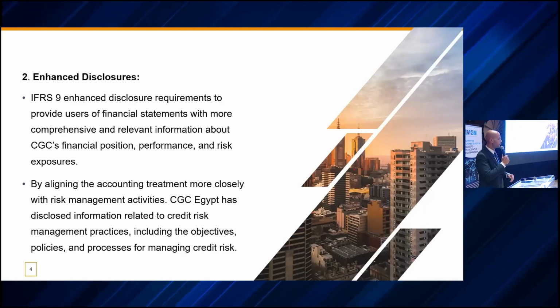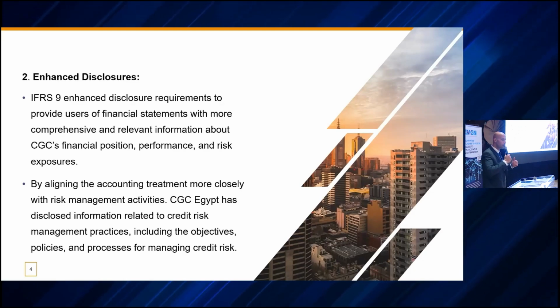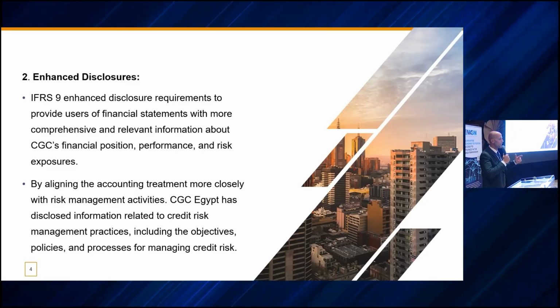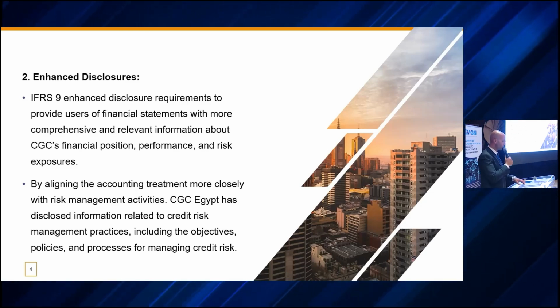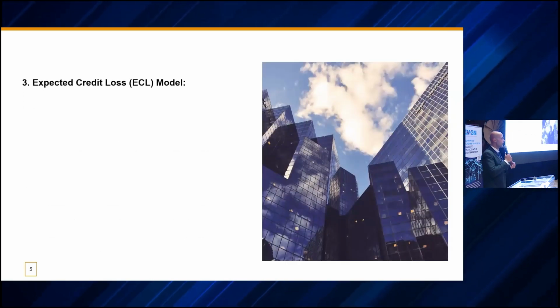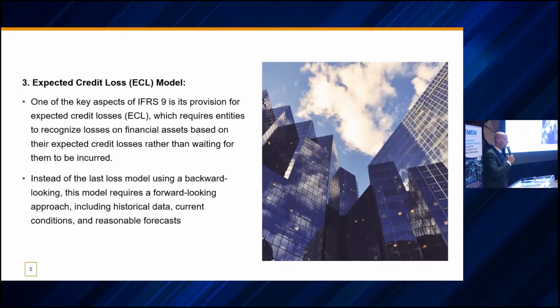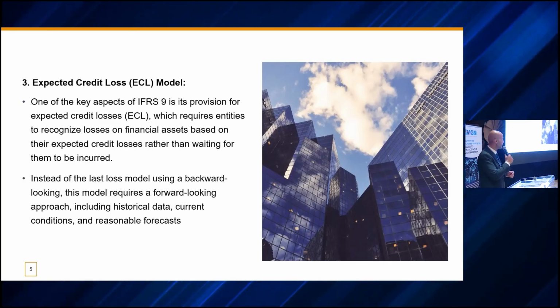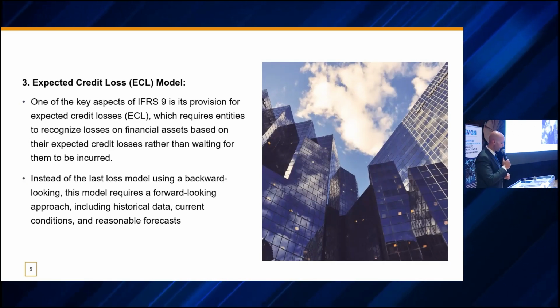Instead of the backward-looking model applied before in Egypt, where impairment was recognized only when a loss event happened, this model requires a forward-looking approach, including historical data, current conditions, and economic factors for the company and for the borrower.